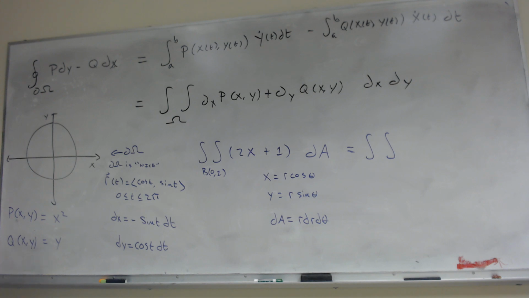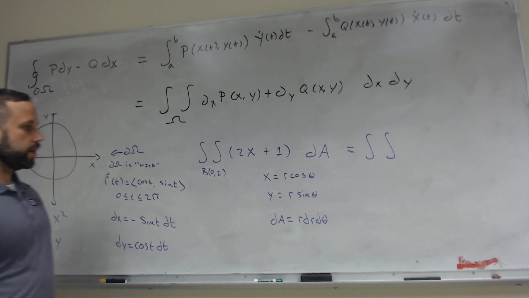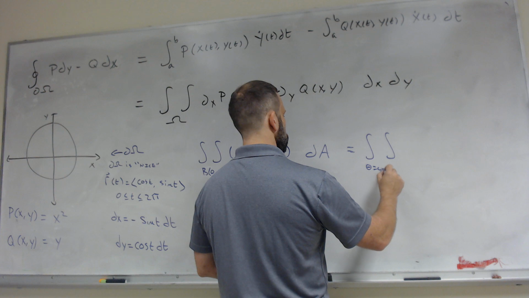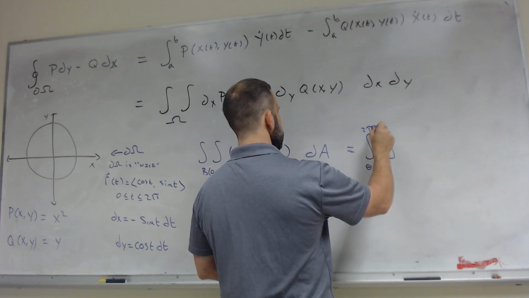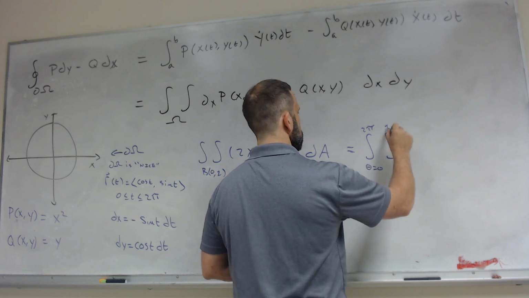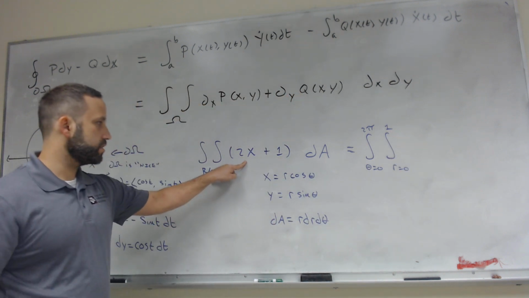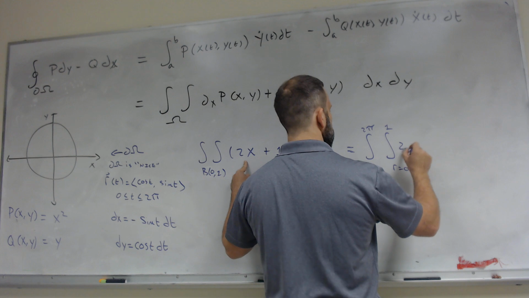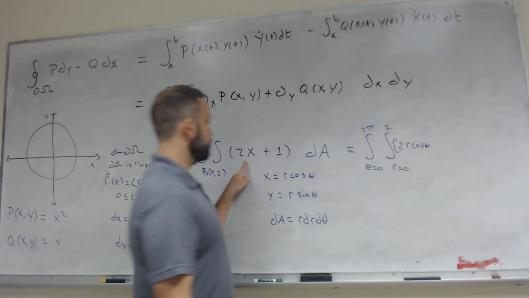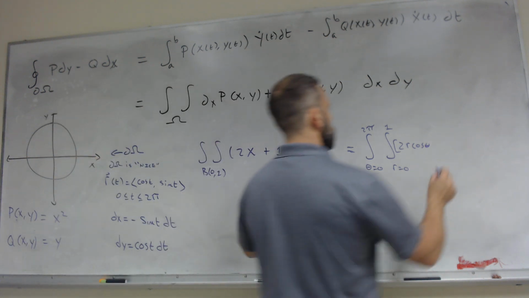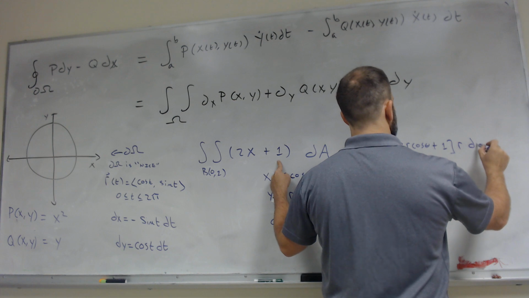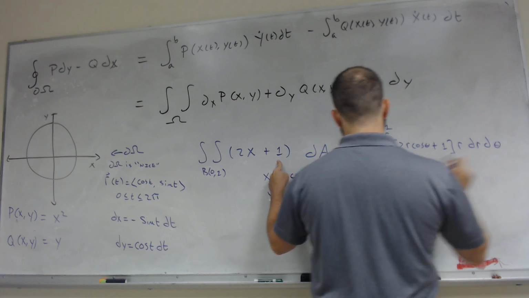So theta goes from 0 to 2 pi. r goes from 0 to 1. For 2x, I'm going to have 2 r cosine theta, and the 1, that's just 1. And then I'm going to have r dr d theta.